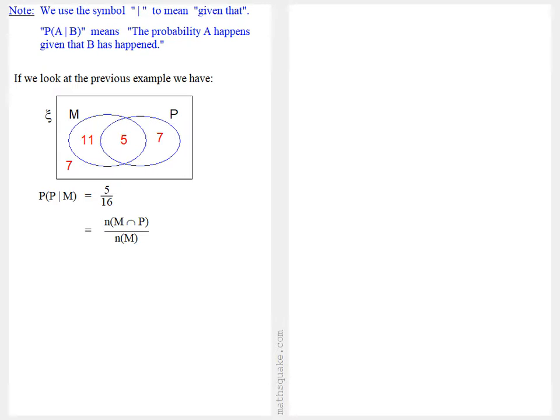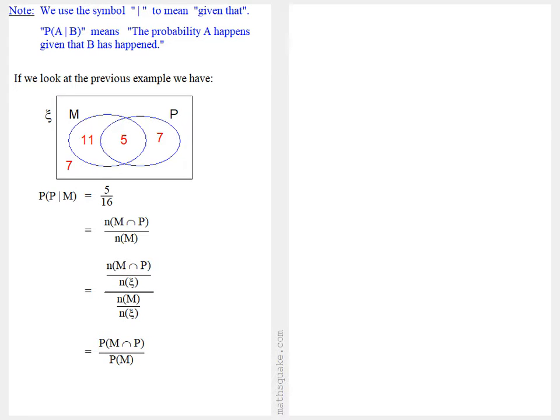Now that's equal to the number of things in M intersection P over the number of things in M. Now if we divide the top and the bottom by the number of things in the universal set, that is the total number of things, it's equal to the number of things in M intersection P over the total number of things, which is the probability of M intersection P, all over the number of things in M over the total number of things, which is the probability of M.